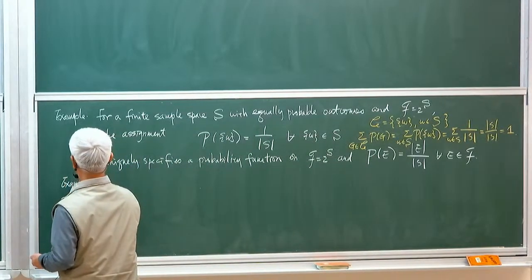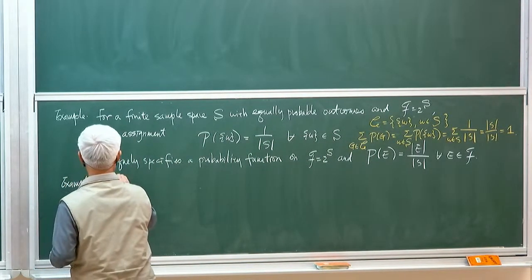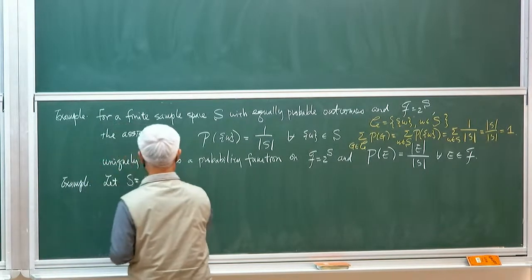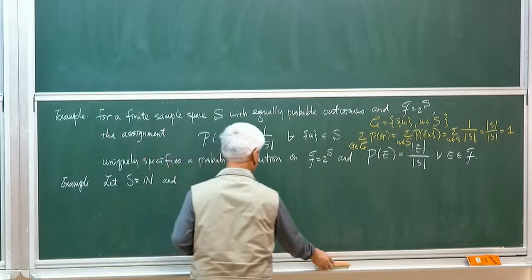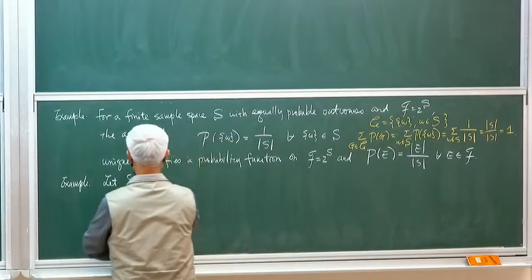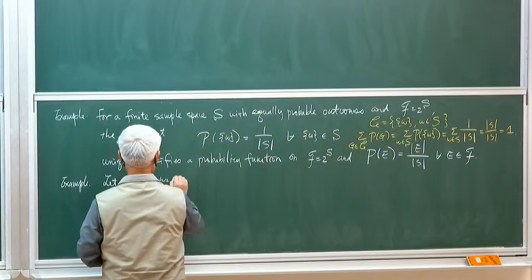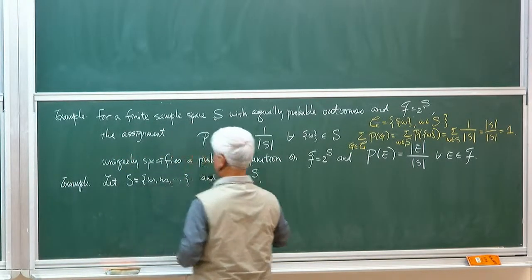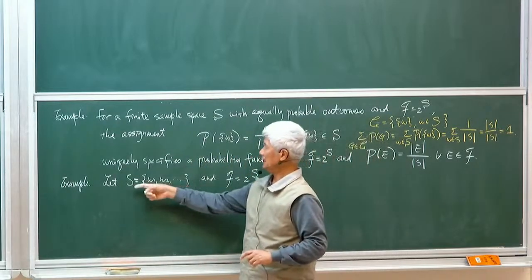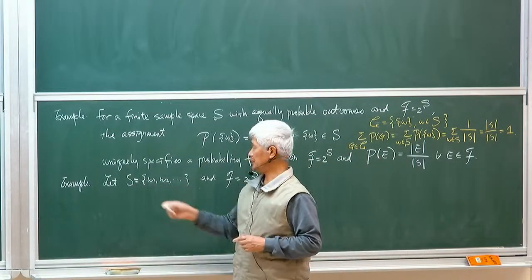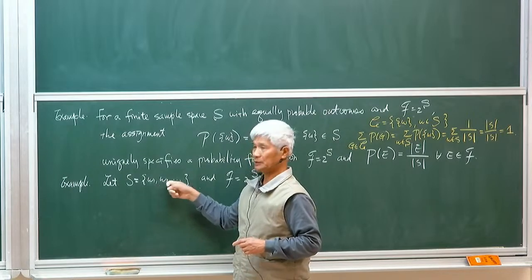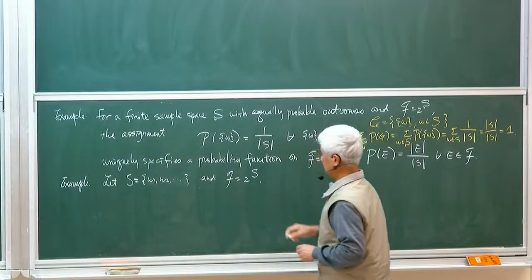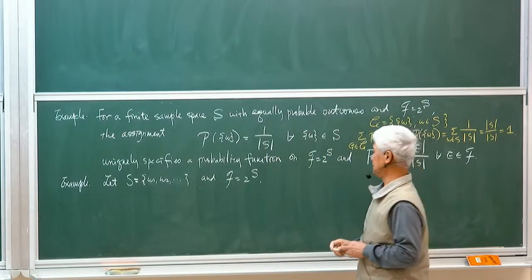Example. Suppose that S is a countably infinite set, omega 1, omega 2, etc. So there are infinitely many outcomes, and the sigma algebra selected is just the power set.